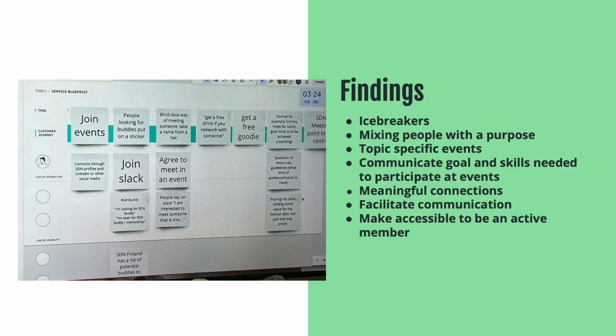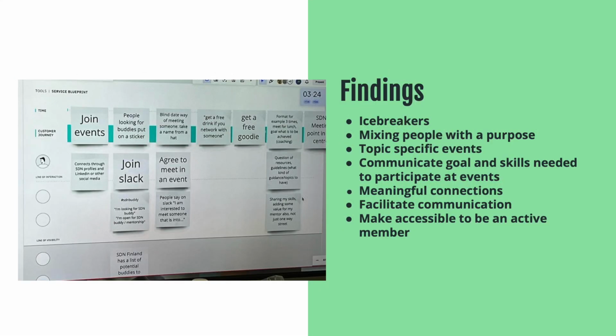From those clusterings, we realized one big one was a lot of people were thinking about icebreakers to help people connect in events. Also mixing people with a purpose, so very clearly connecting people based on their goal and what they are looking for. Also goal- and topic-specific events, and having that very clear.